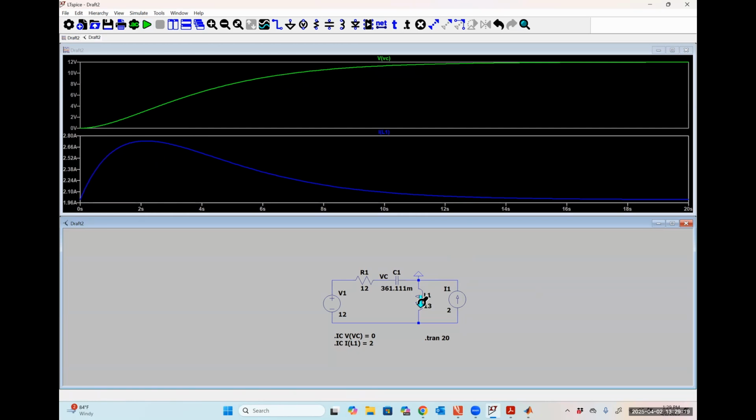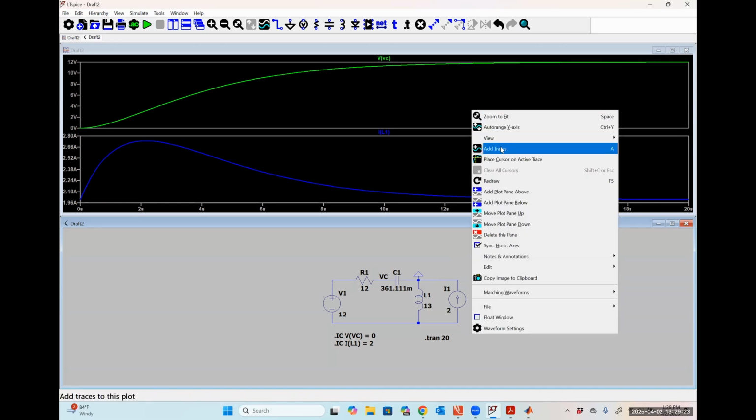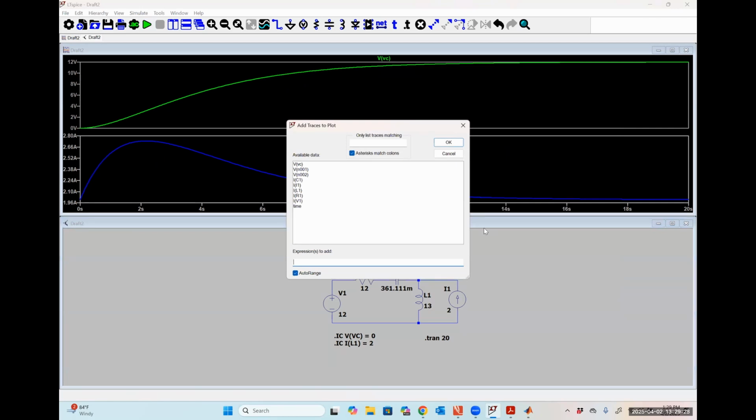Okay. So here's hoping I didn't make any egregious mistakes. So I'm going to add a trace and we're going to put the voltage expression in.